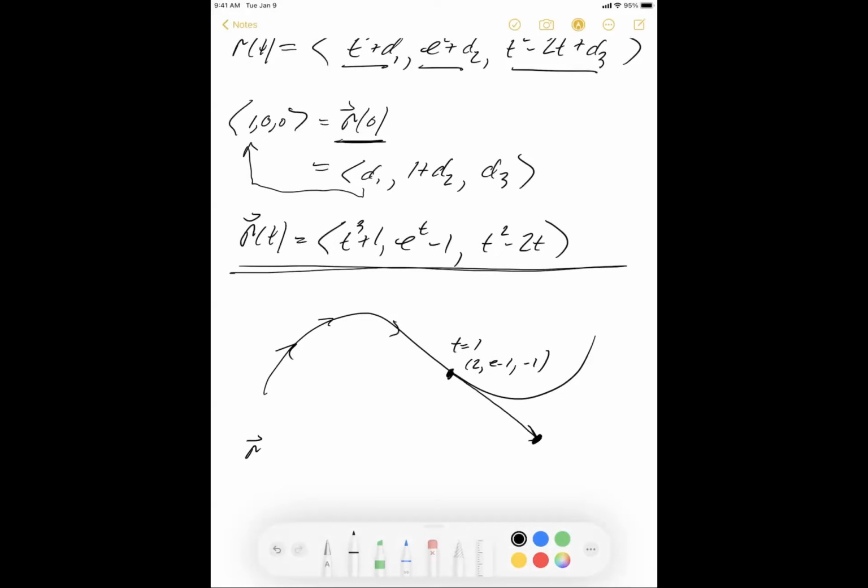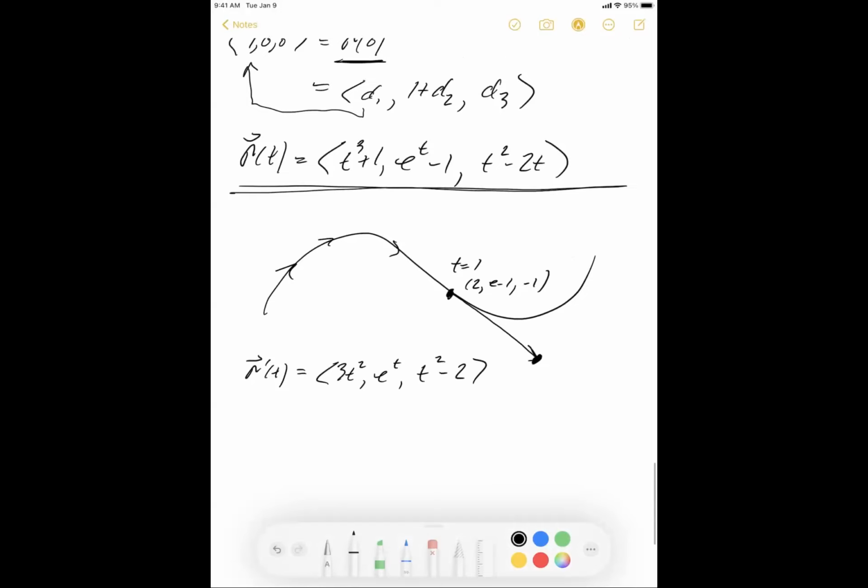R prime of t, that is 3t squared, e to the t squared, 2t minus 2. And so R prime of 1 is going to be 3, e, negative 1.